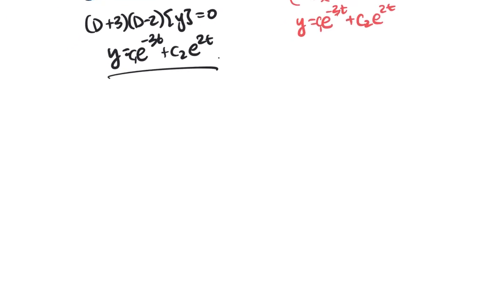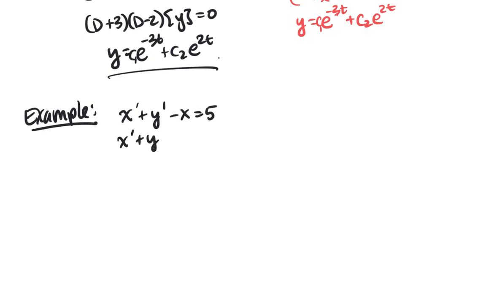Okay, so now let's do it with a system of differential equations. Let's say we have this system: x prime plus y prime minus x equals 5, and x prime plus y prime plus y equals 1.